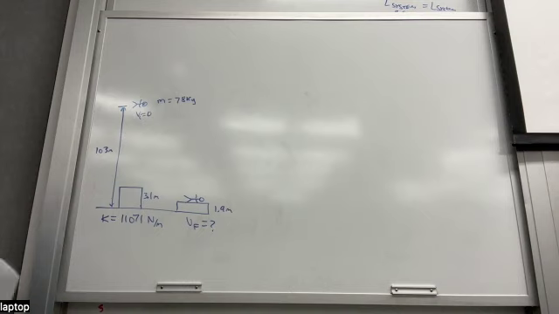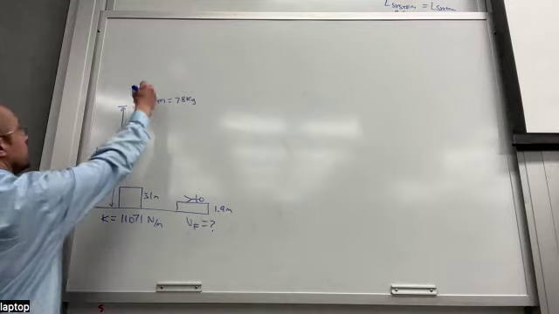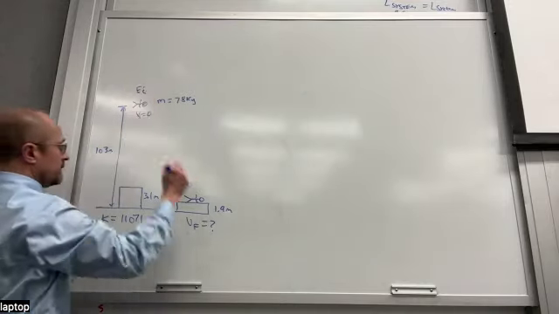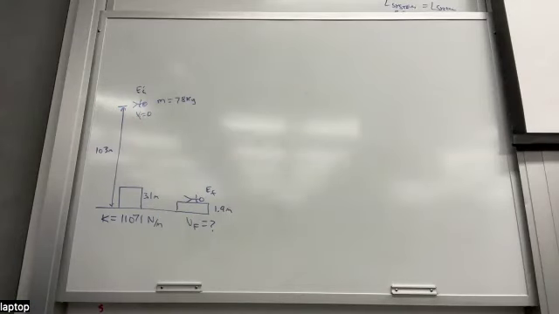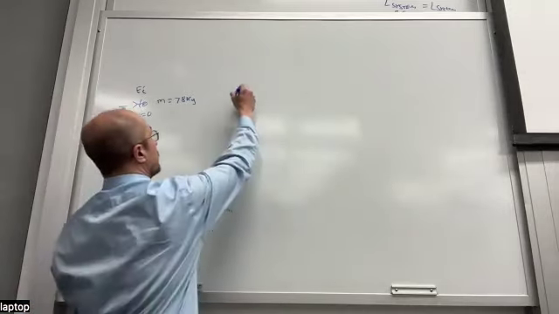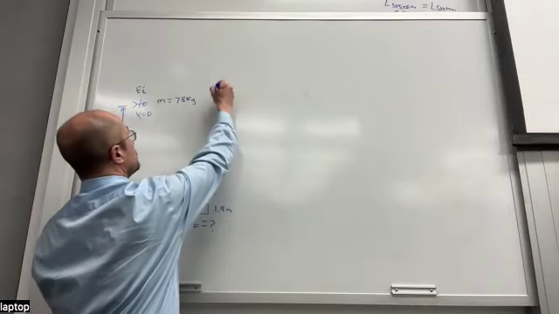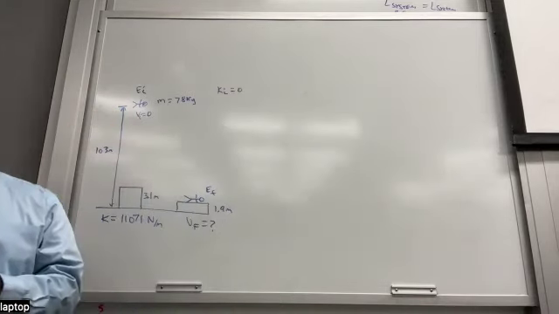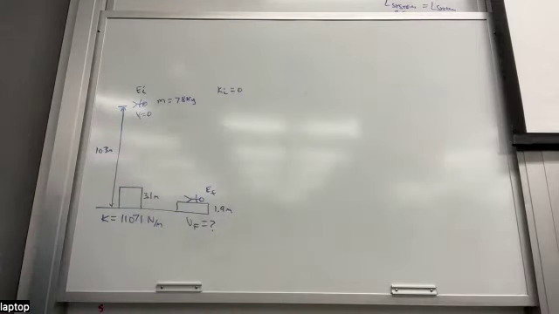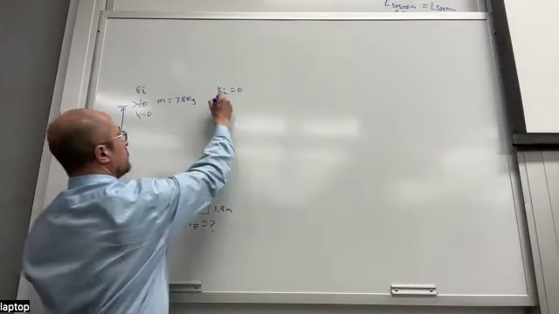Okay, so this is an energy problem. We can solve this using conservation of energy, and we can call this energy initial and energy final. Initially, are we moving? No, the crane's holding us. Are we above the ground?